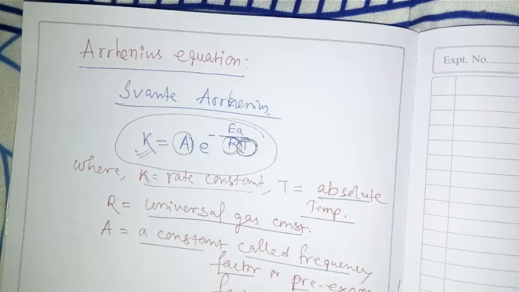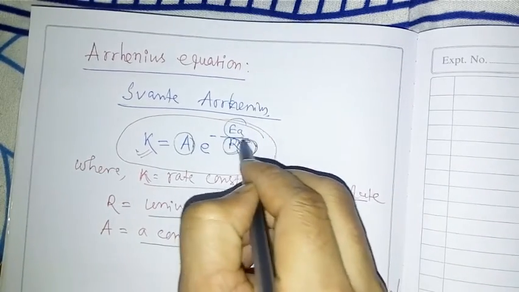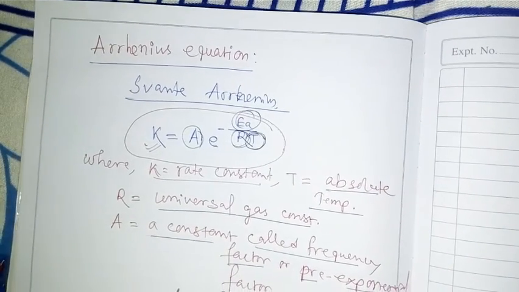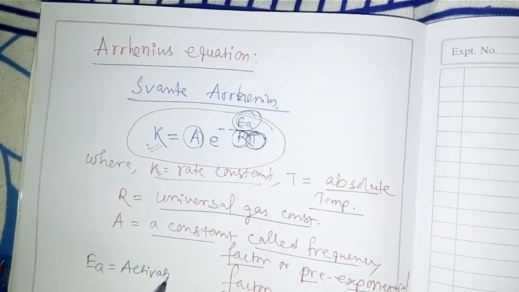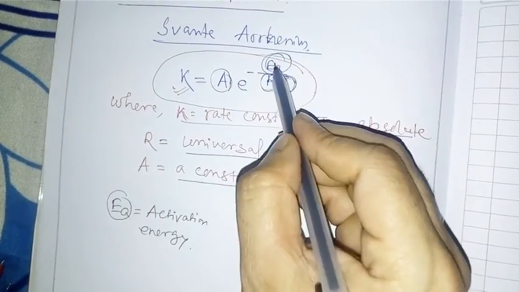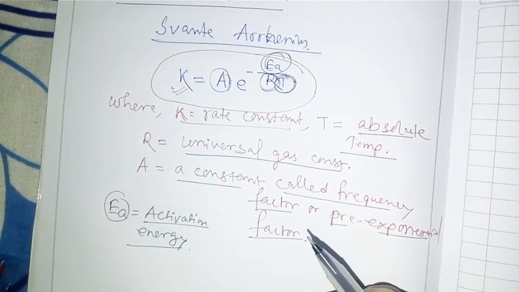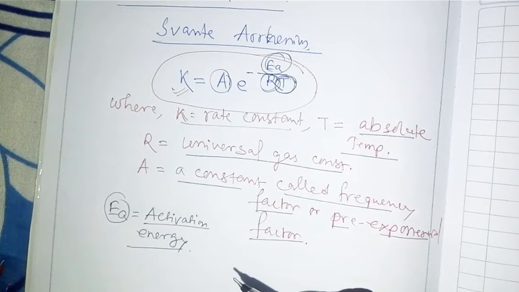And what is Ea? This Ea is called activation energy. So this is the Arrhenius equation.